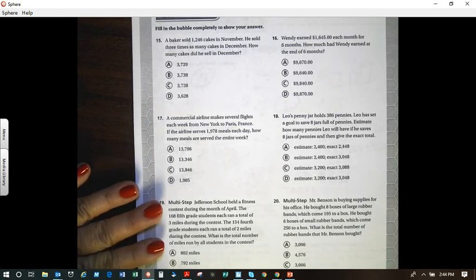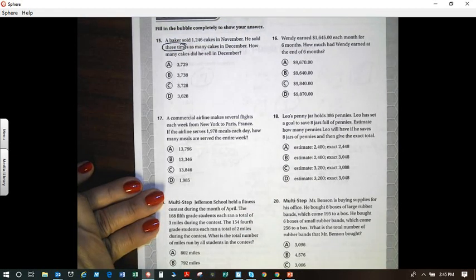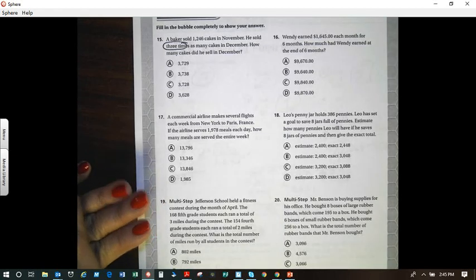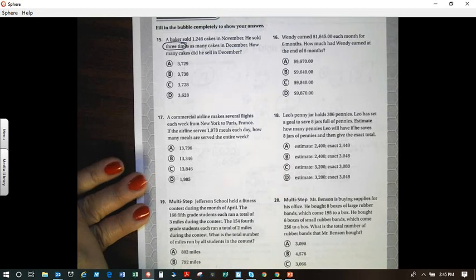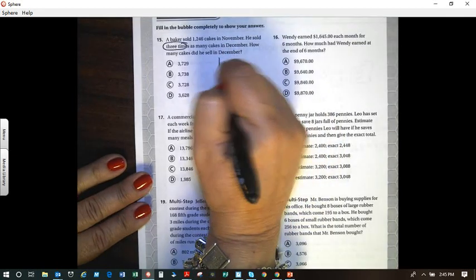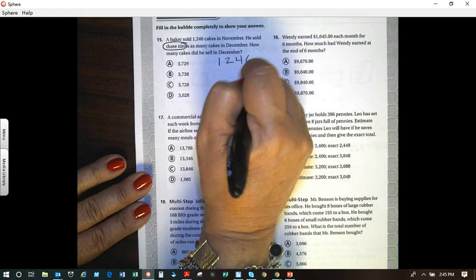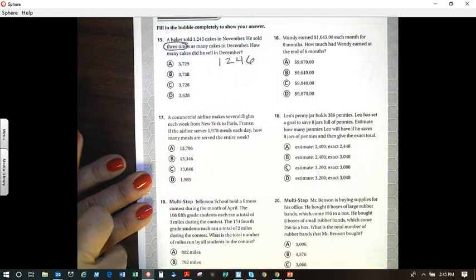A baker sold 1,246 cakes in November. He sold 3 times as many. Look at that. 3 times as many cakes in December. How many cakes did he sell in December? What did we talk about that? 3 times as much. So if he sold 1,246, if he sold twice as much, what would you do?